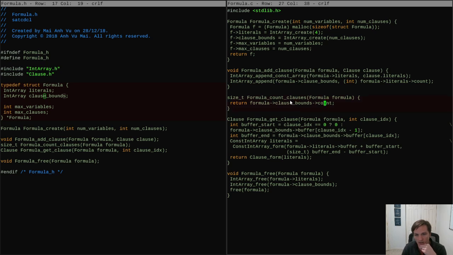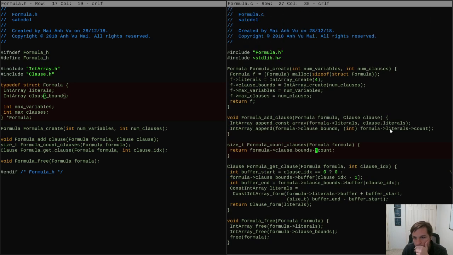Clause bounds count. So count clauses, clause bounds count. I suspect I know what it's doing. Literals count. Yeah, okay. So here's what's happening.